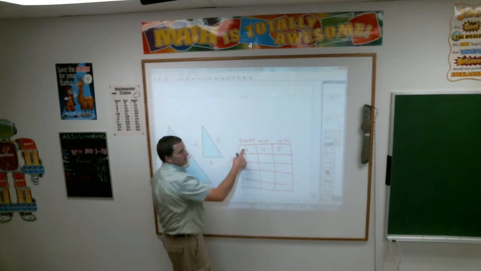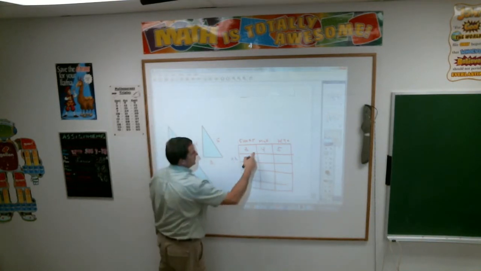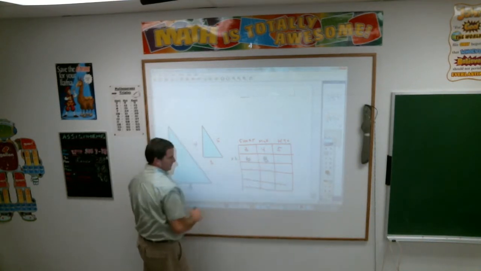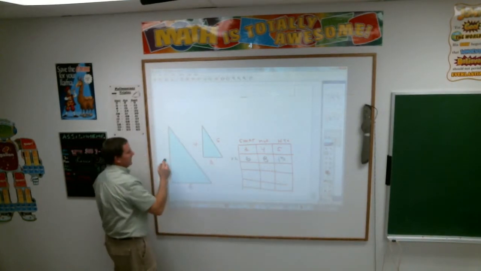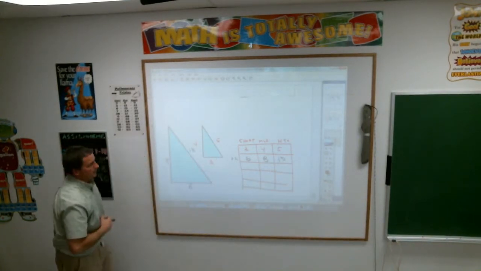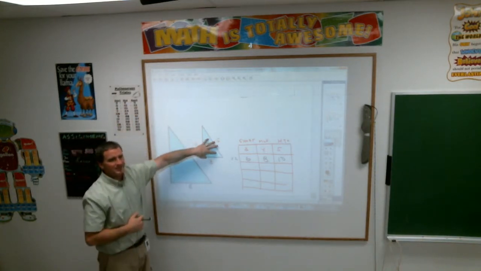What do I get if I double all of these numbers? 3 times 2 is 6, 4 times 2 is 8, and 5 times 2 is 10. If I have a 6, 8, 10 triangle, even though it's not up here, it's a triple because it is a ratio. It is a similar triangle.